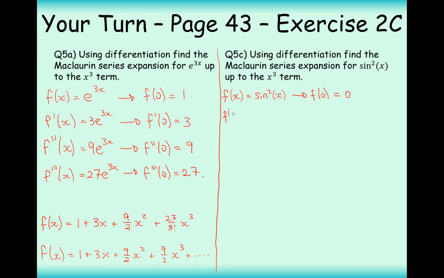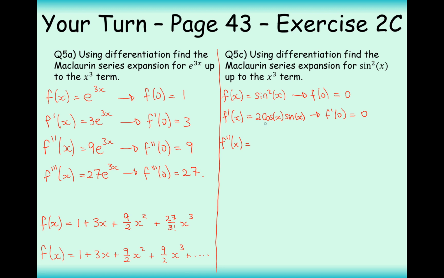F dash of x is going to give us 2 cos x sine x, however you wish to do that, product rule, chain rule, however. And f dash of 0, well, that's going to be 1 times 0, so that'll be 0. So the first two terms are 0. Let's move on to the second term.